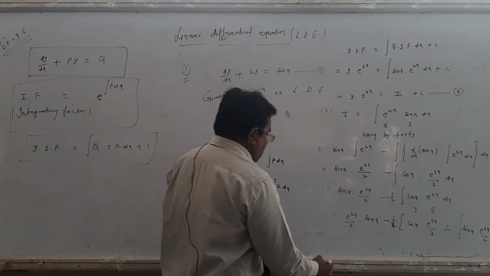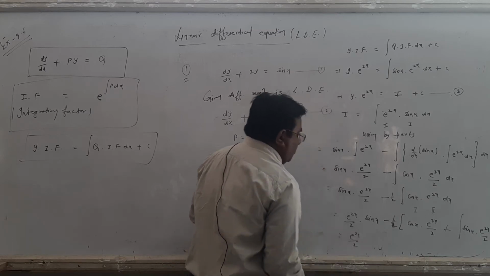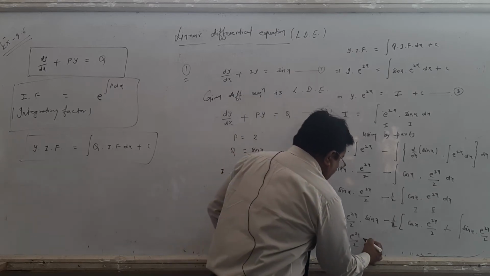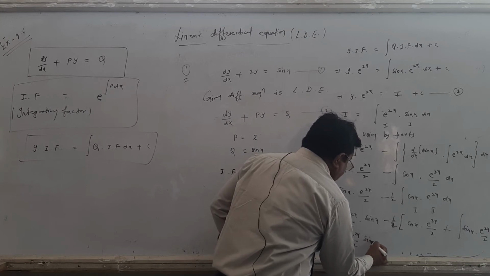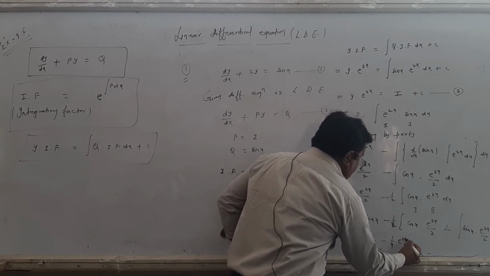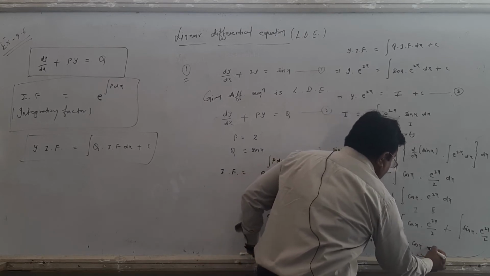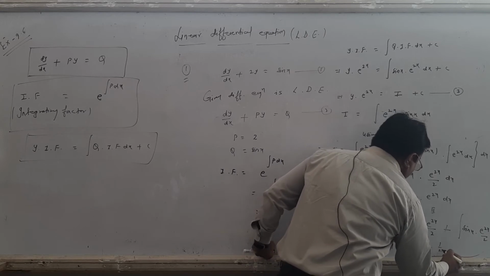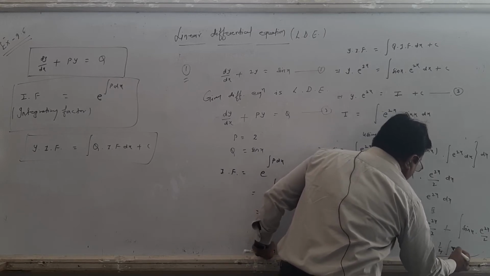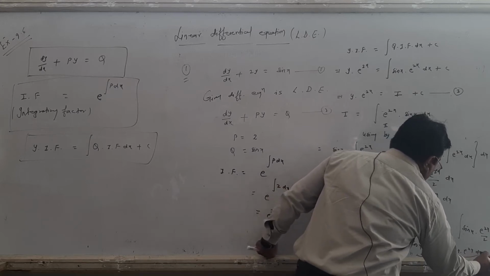Then this is e raised to power 2x upon 2 into sin x, minus 1 by 4 e raised to power 2x into cos x, minus 1 by 4 integration of sin x into e raised to power 2x.